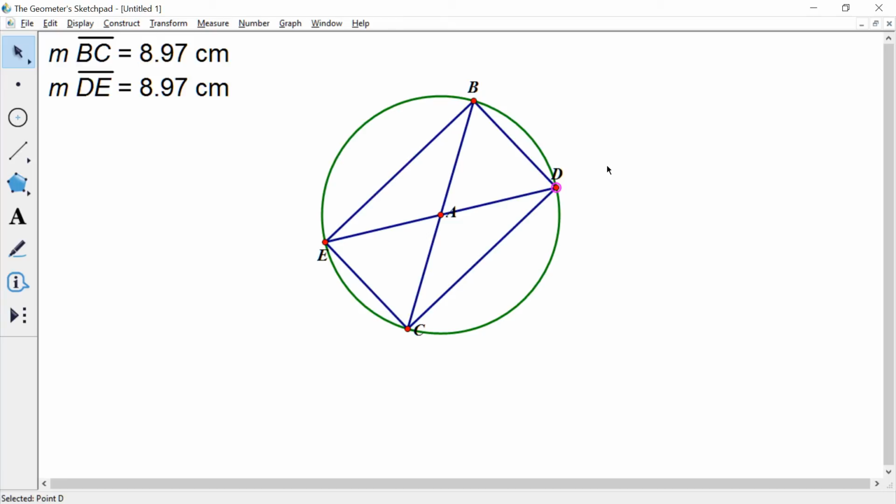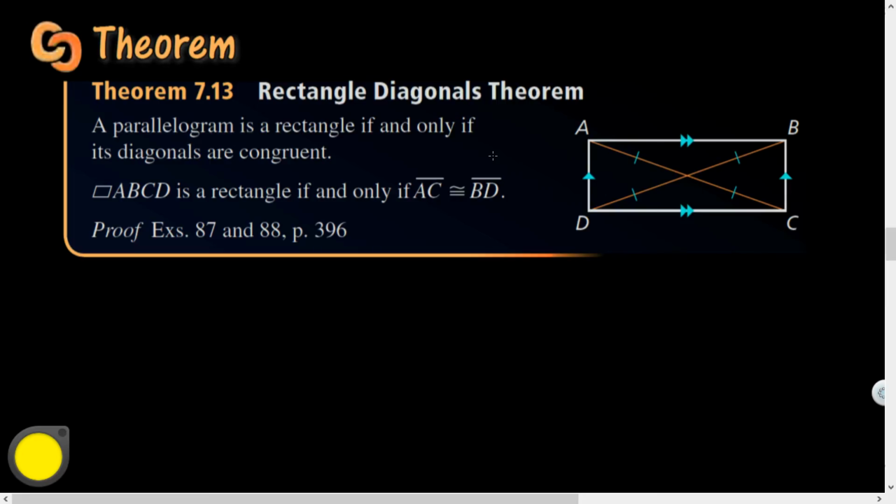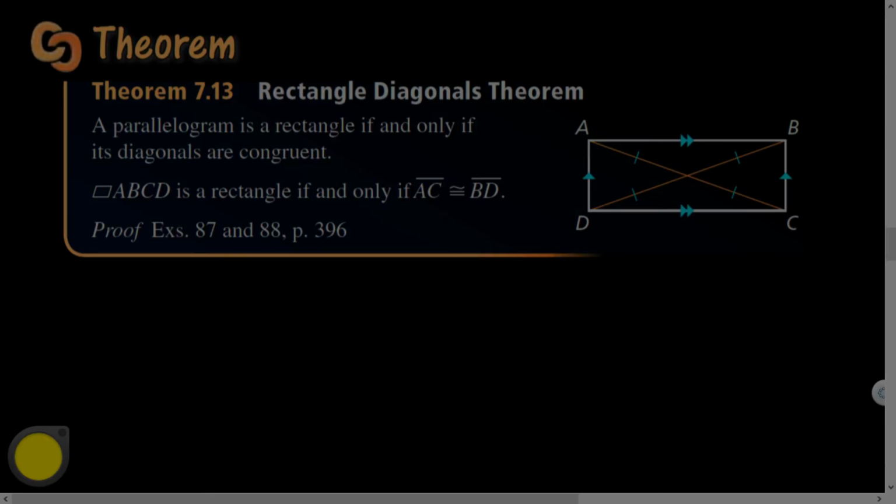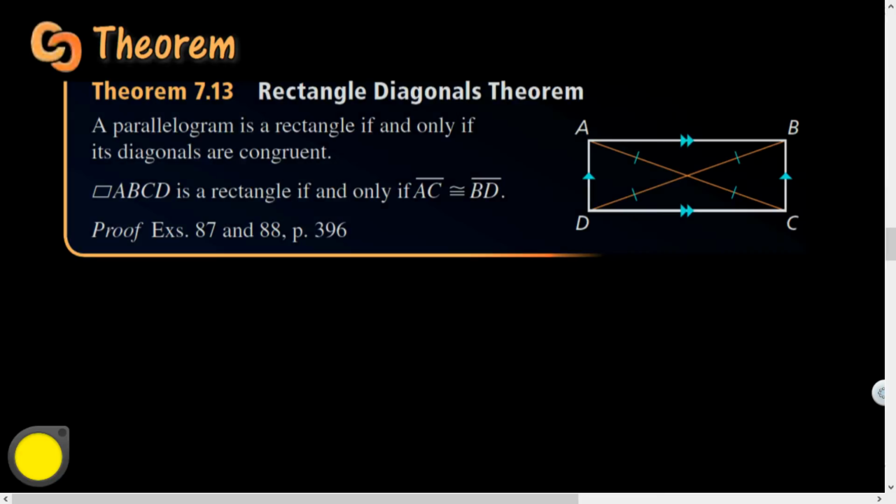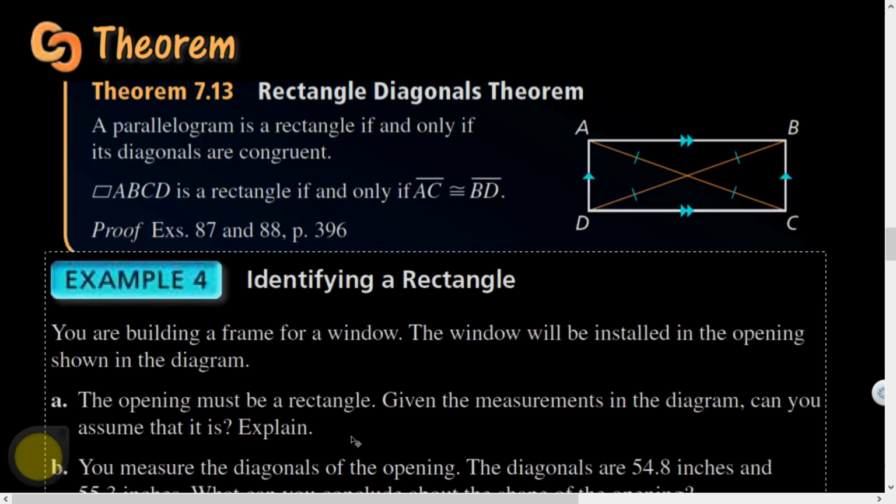I'm seeing that. Now, like I said, we still technically haven't proven that this is a rectangle, but it is. So the diagonals not only bisect each other like they do for all parallelograms, but the diagonals are congruent to one another for rectangles. So let's put these to work.